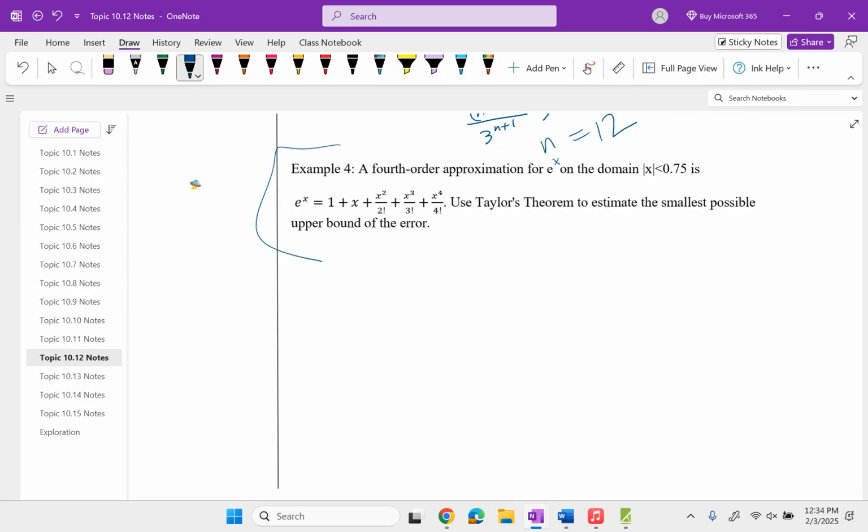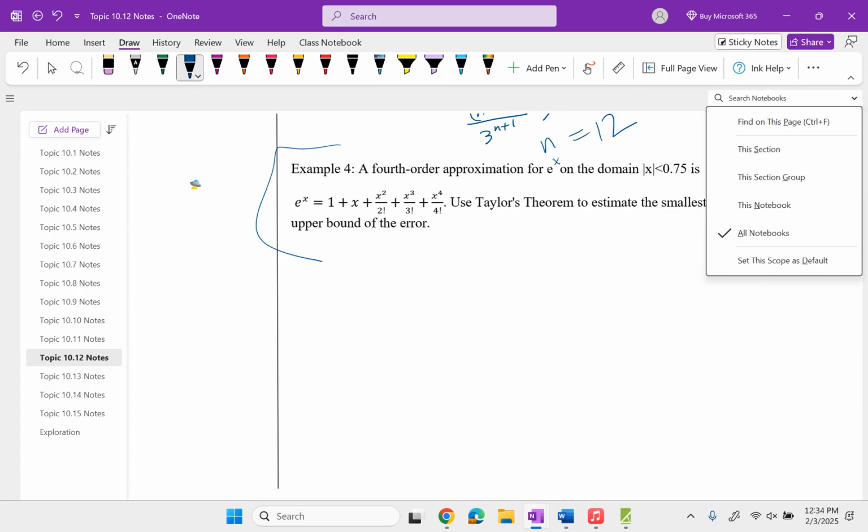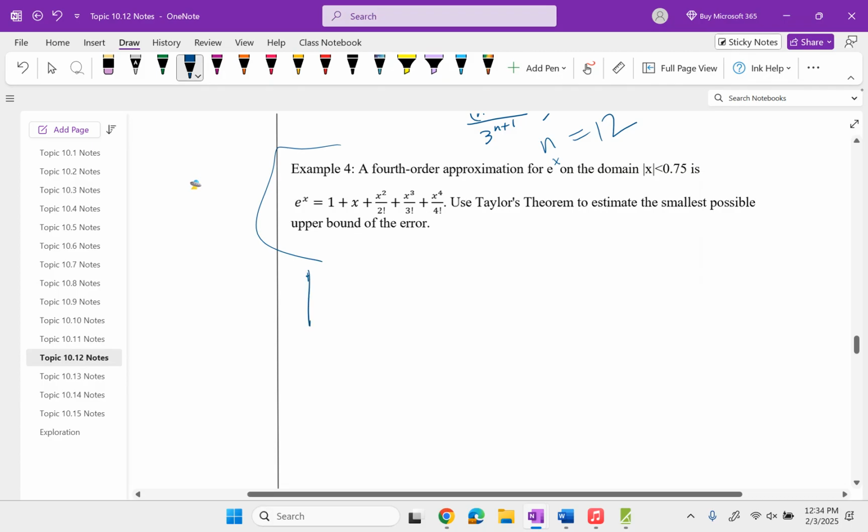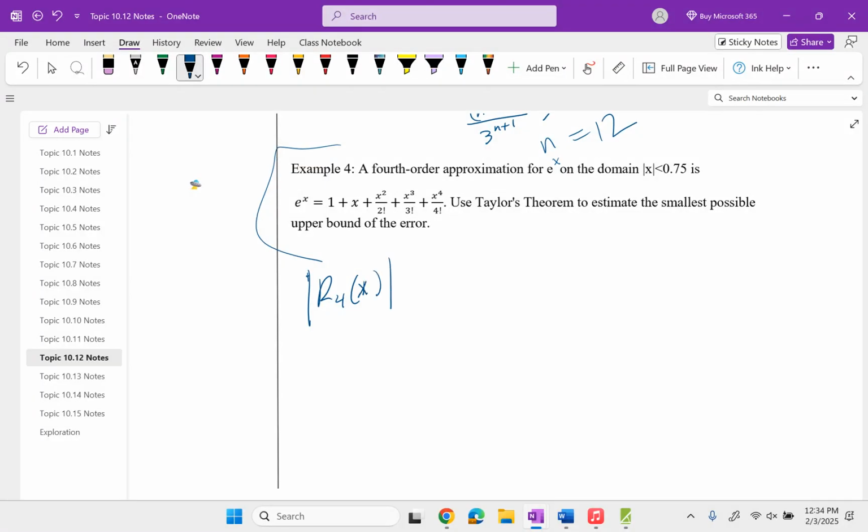What is the degree that we're looking at here? 4. Okay, so we're doing a 4th degree. So we're going to set it up: the absolute value of R sub 4 of x is less than or equal to, I need the max value, and that's the tricky part, okay?